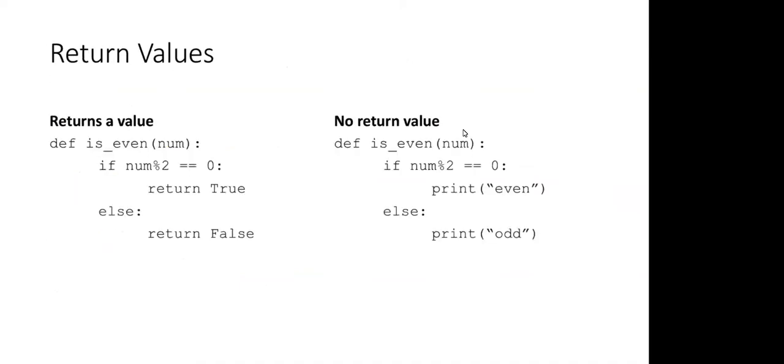So let's talk a little bit more about return values. What are return values? When do you use return values and when do you not use return values? So you can see here, I have two pretty seemingly identical functions. If you look at both of the functions, we see that the name is identical. You can also see that the input is identical. You would never use both of these in the same program.